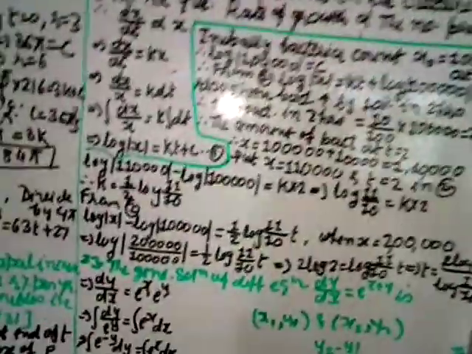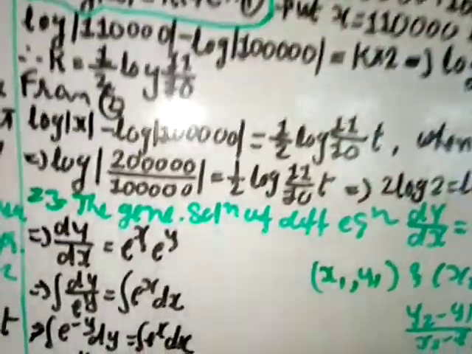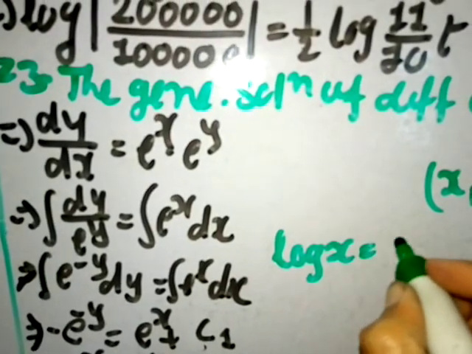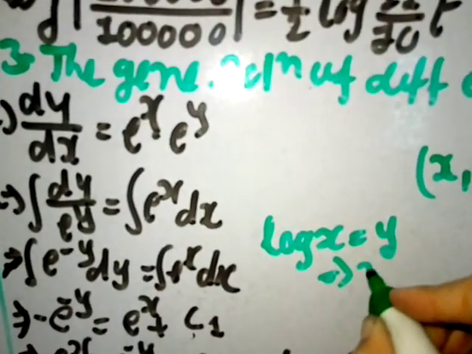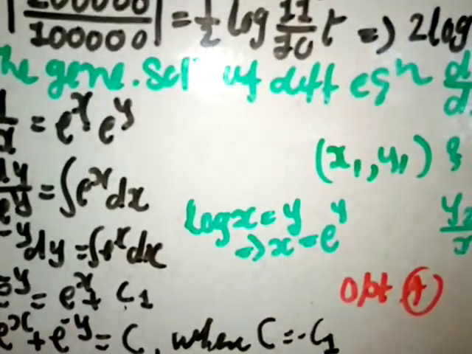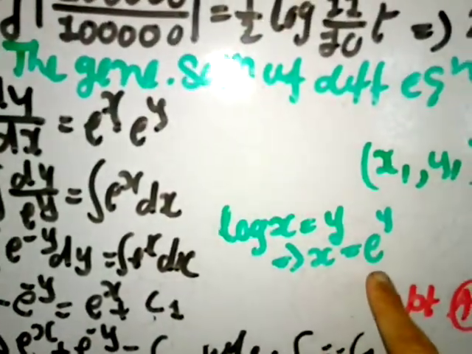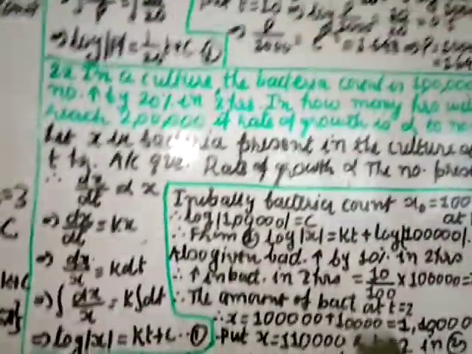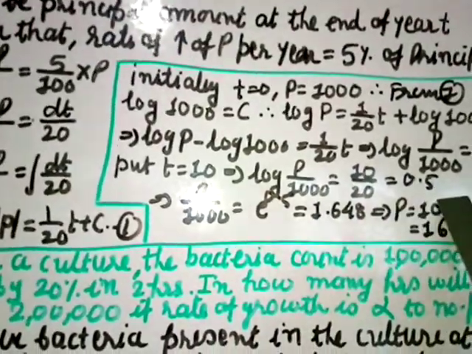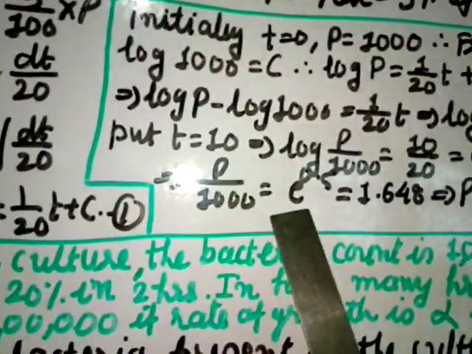I am using the property that if log x is equal to y, this implies x is equal to e to the power y. This is the relation between log and exponential. That's what I am using here. So log p by 1000 is equal to 0.5, I am writing as p by 1000 equal to e power 0.5.